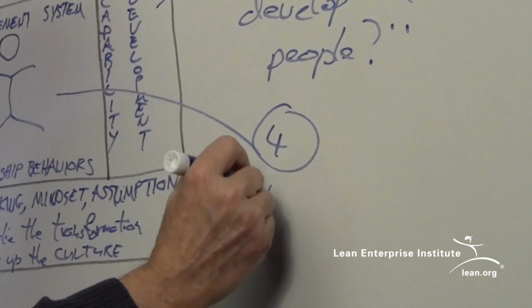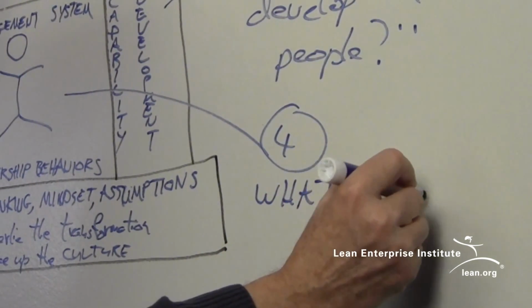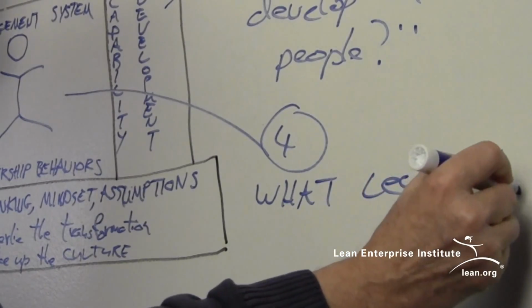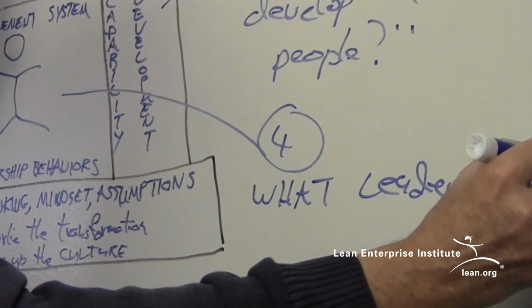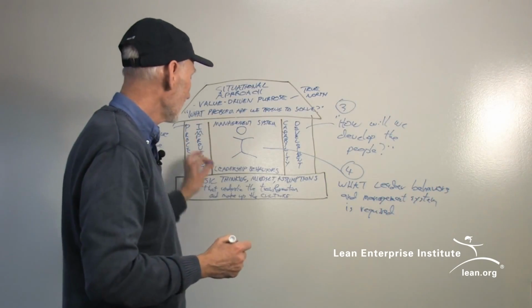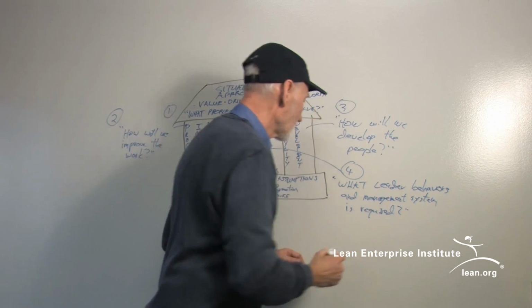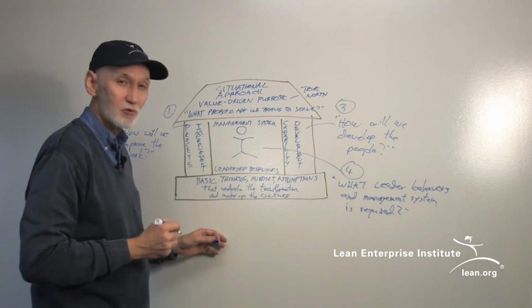which is what leader behaviors and management system, and you need both of those, is required to support and lead work in this new way that we're transforming toward. Okay, what leader behaviors and management system is required.